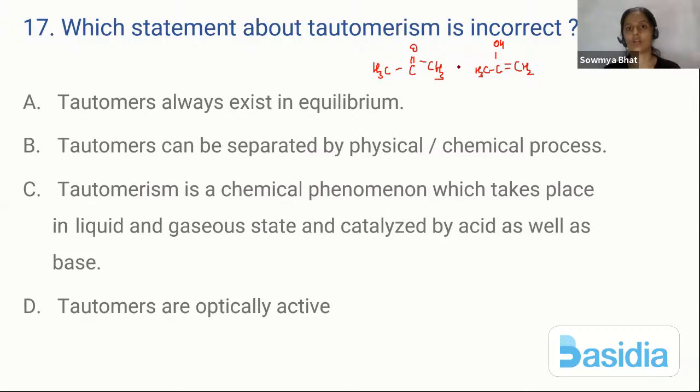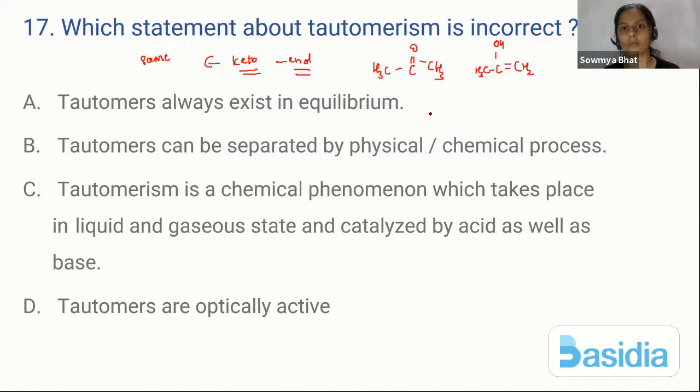So when you say keto-enol form, the keto and the enol forms are of the same compound, which are interconvertible to each other. So there always exists an equilibrium between them. So option A is correct. And they can be separated.